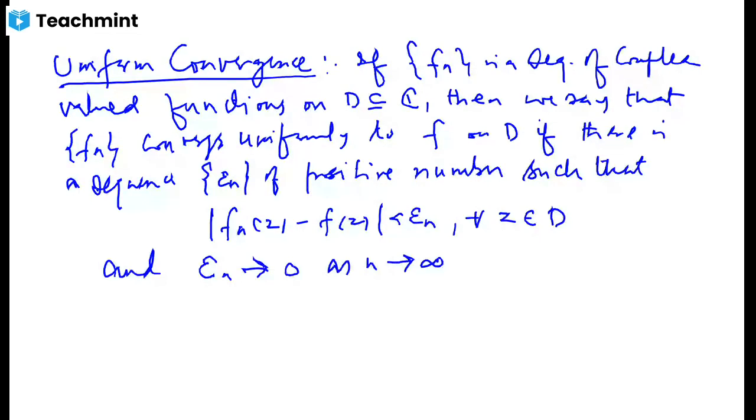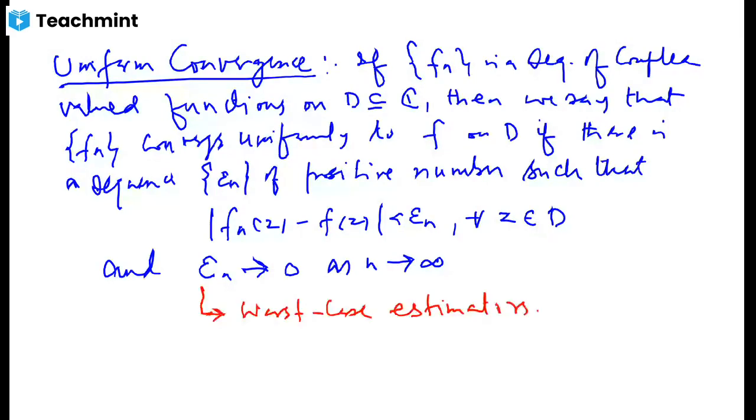So whenever you have this kind of setting, where the terms of the sequence differ from f by less than epsilon n for each z in D, and the sequence epsilon n goes to 0, these epsilon n's we call worst case estimators.